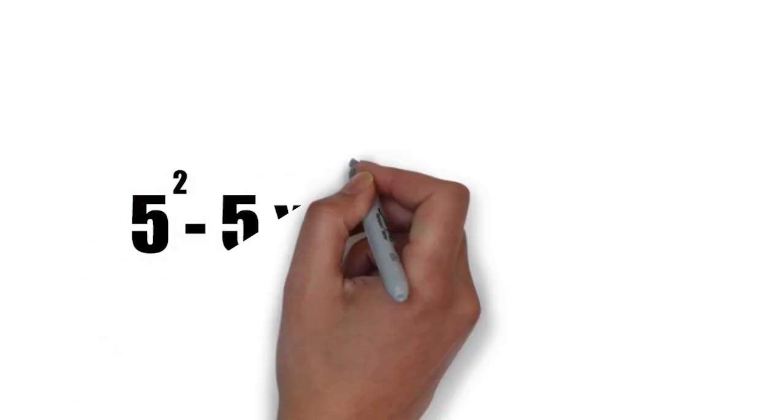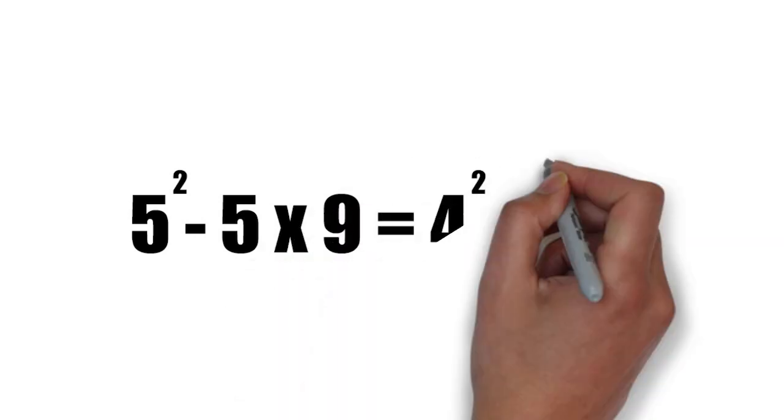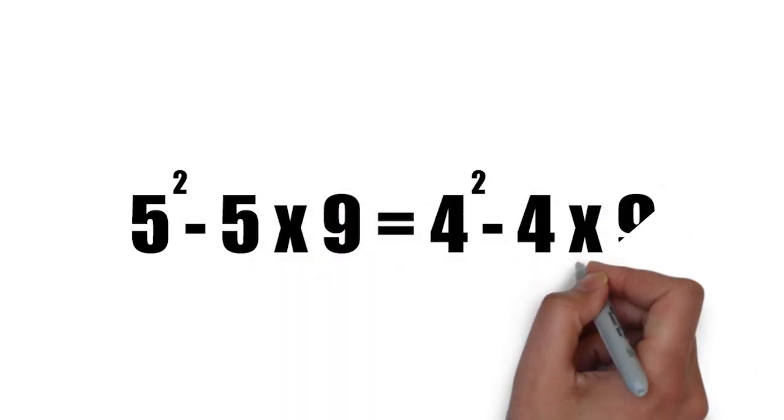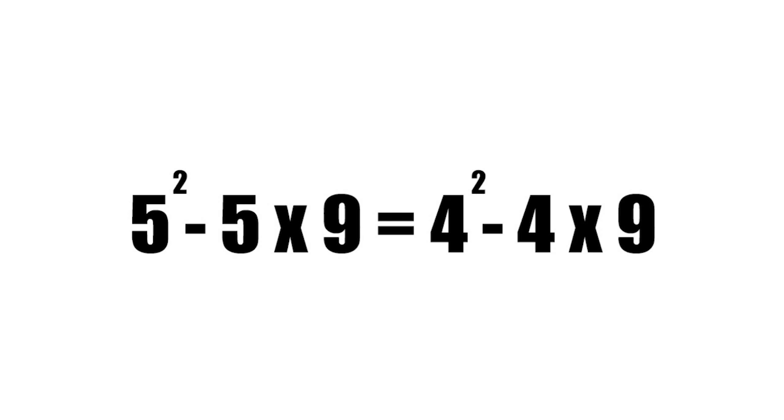Next, we can rewrite 25 as 5 squared, leaving the minus sign unchanged, and write 45 as 5 multiplied by 9. Similarly, we can rewrite 16 as 4 squared, again leaving the minus sign unchanged, and write 36 as 4 multiplied by 9.